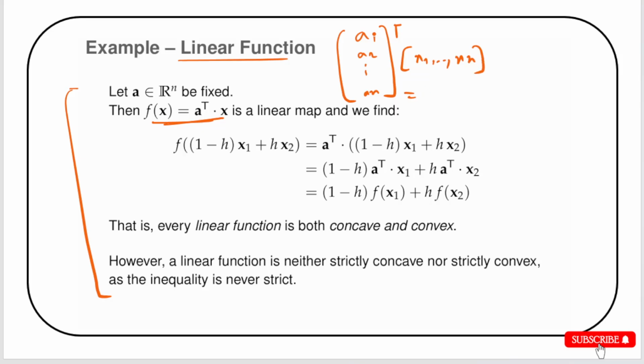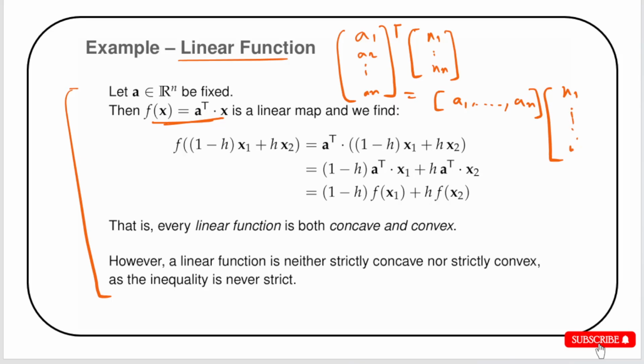If you take the transpose, it will be a1, a2 in this way. You know the transpose of a matrix, though I haven't covered matrices as of now, I will be doing that.